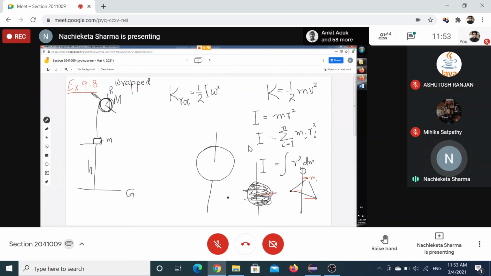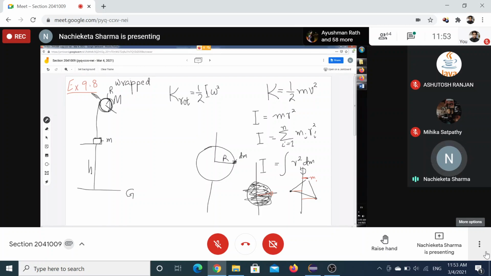In that case, what you are going to do? You take a small mass, and you call this mass dm, and this distance is r. Then what is the moment of inertia of this whole object?